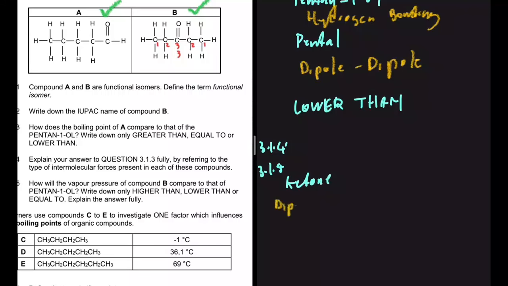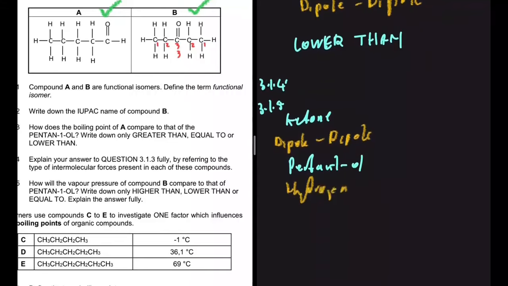We have dipole-dipole forces, and in pentan-1-ol we have hydrogen bonding, so the ketone will have a higher vapor pressure compared to pentan-1-ol.